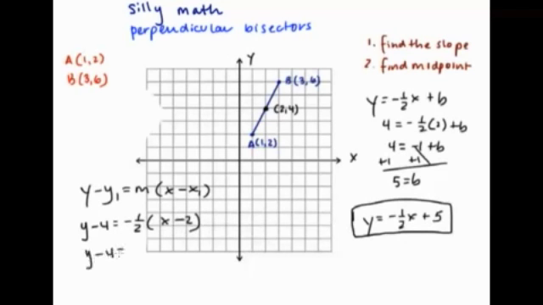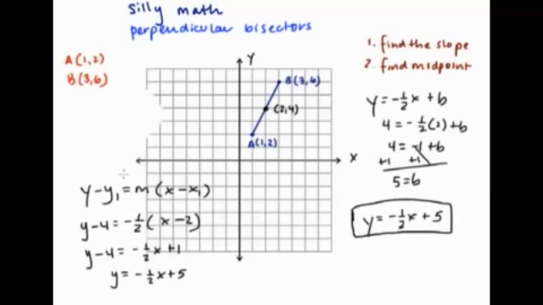So y minus 4 equals negative 1/2 x plus 1. y equals negative 1/2 x plus 5. Like that. And you don't even have to do the solving for b thing. You can just put it in this form and then solve to make it look like standard form.